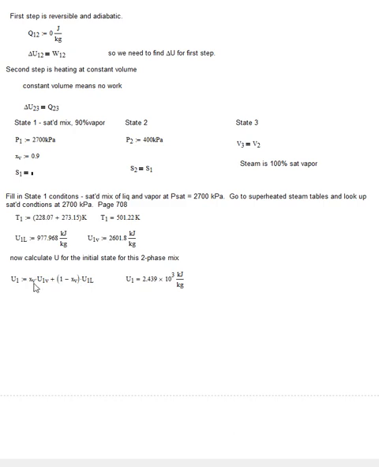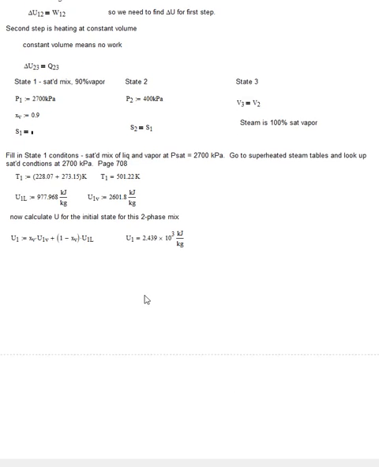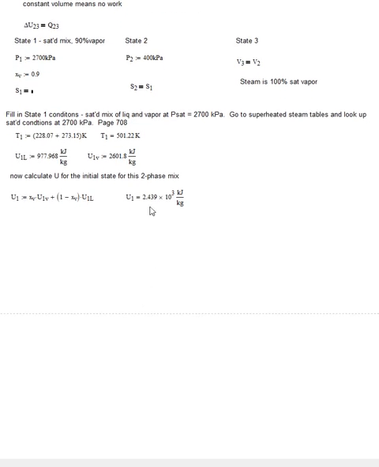We know it's 90% vapor on a mass basis, so it's just a weighted average formula of the internal energy. Our internal energy here is 2439 kilojoules per kilogram.